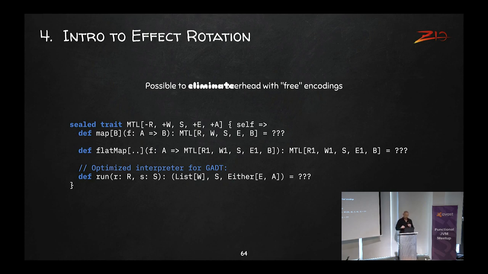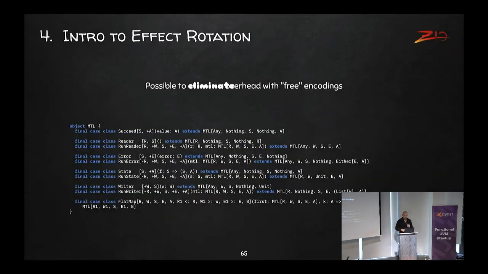And then we implement an optimized run function, which, given the R required by the reader and the S required by the state, is capable of producing us the log, the new state, and either an E or an A. This run function is like the God run function. You have to give it everything and you get everything.